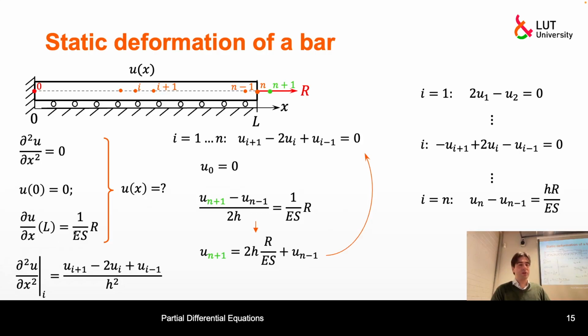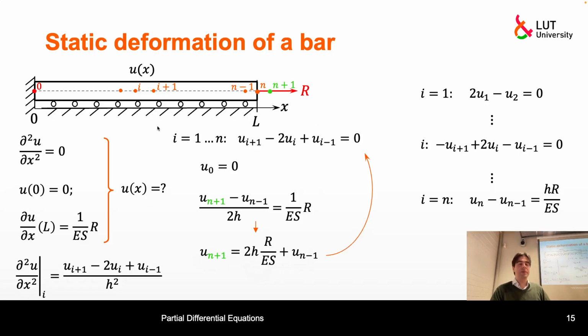And that, according to my boundary condition, must be equal to the force R over E, Young's modulus, and S, cross-sectional area. From here I can express the displacement at this imaginary point using the displacement of the point inside and the value of the applied force.